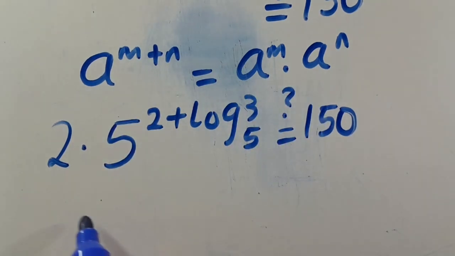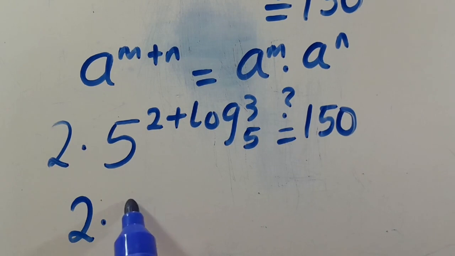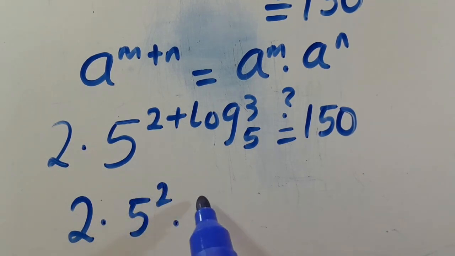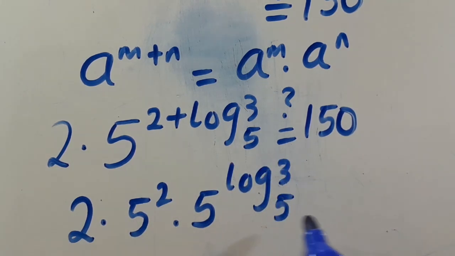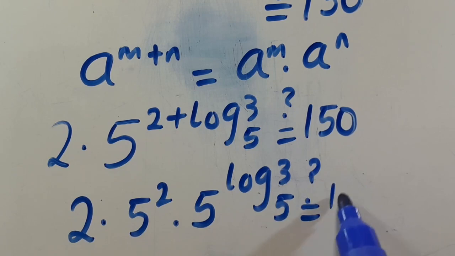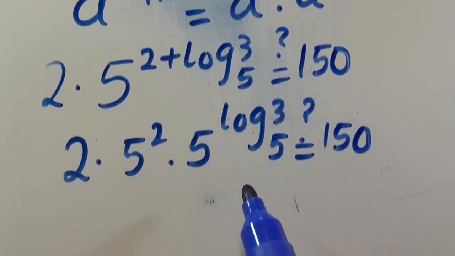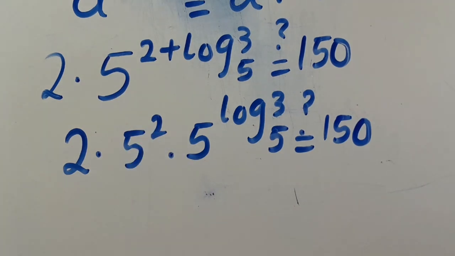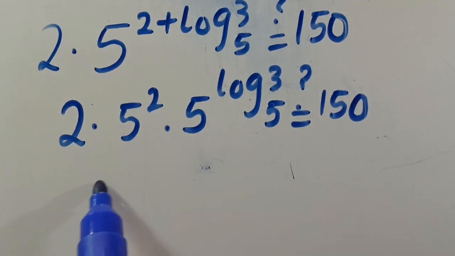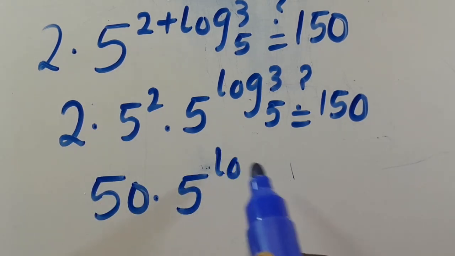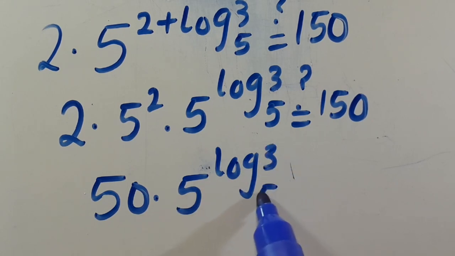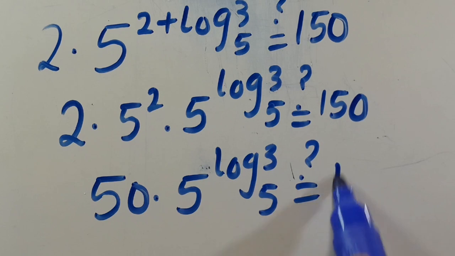Definitely we have 5 multiplied by 5 to the power of 2 times 5 to the power of log of 3 in base 5. Then is it going to give us 150? 5 to the power of 2 is 25. 25 multiplied by 2 gives us 50. Then multiply by 5 to the power of log 3 in base 5. Then is it going to give us 150?